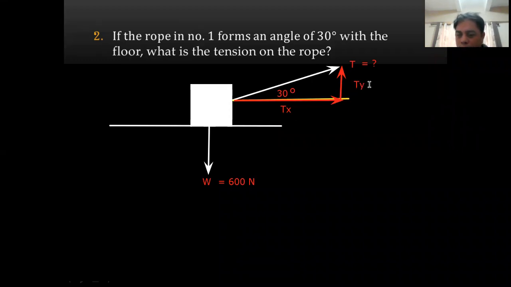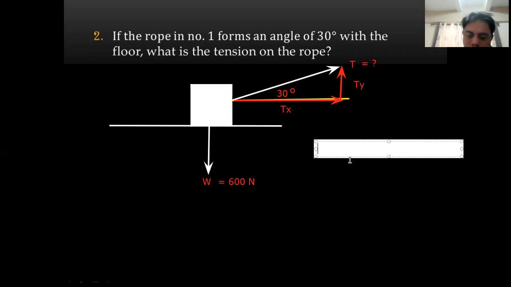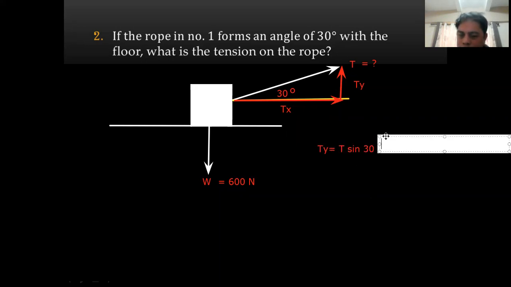What we know to get our components of our forces, T sub y and T sub x: T sub y is dependent on our sine function, and that's T sine 30 degrees.